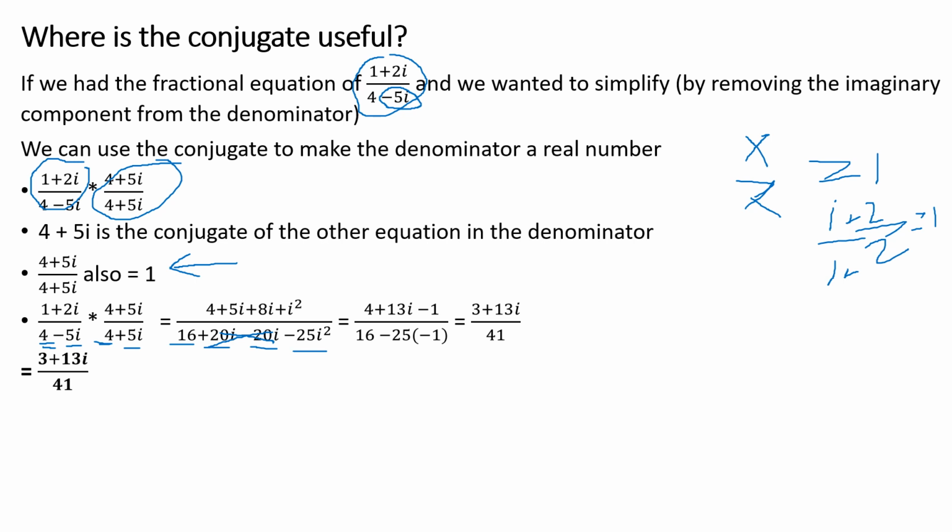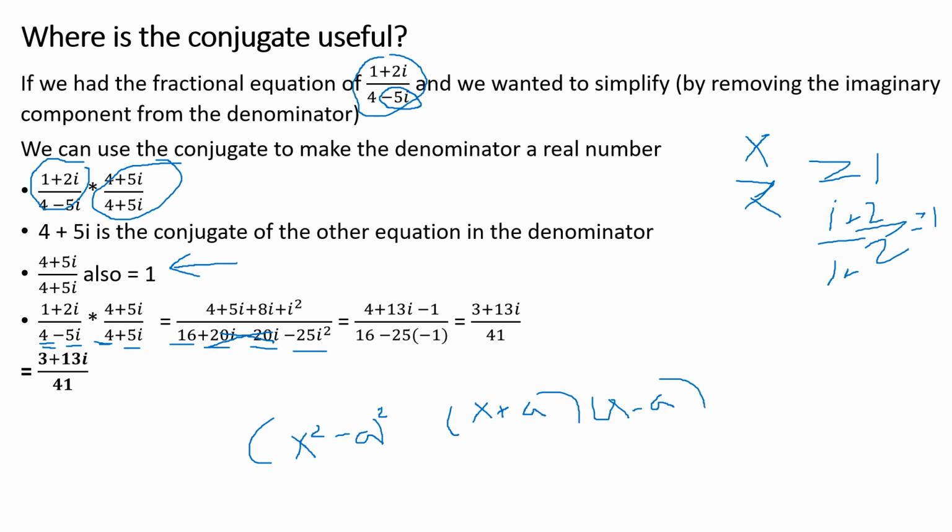It cancels out. It is basically you're creating x squared minus a squared. If you remember this from when we were doing factoring, it's x plus a times x minus a.